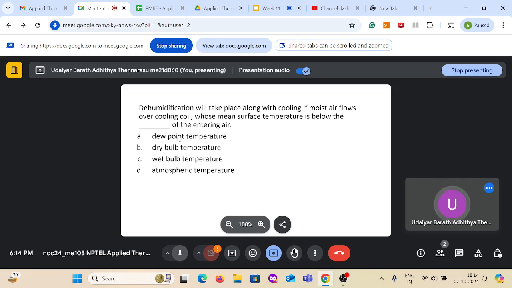A, dew point temperature, B, dry bulb temperature, C, wet bulb temperature, and D, atmospheric temperature.